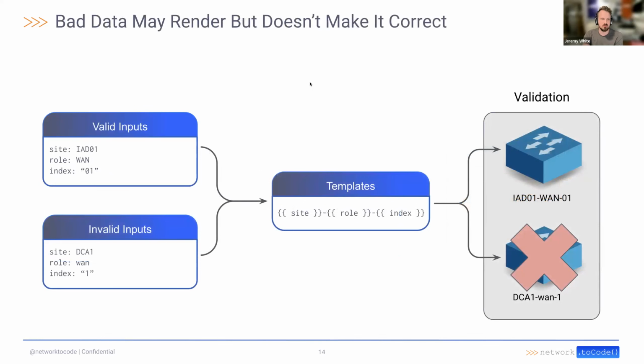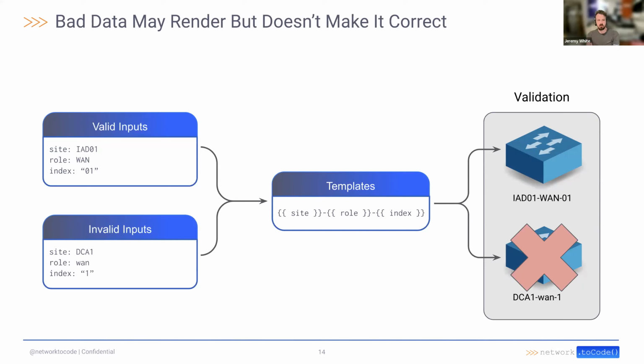And always kind of back to that same exact example of DCA versus IAD, and kind of understanding and looking at what our current paradigm is typically within networking and how we are able to potentially use automation to help enrich how we're able to manage our networks. And so in the example that we have here, I've got 2 separate sets of inputs.